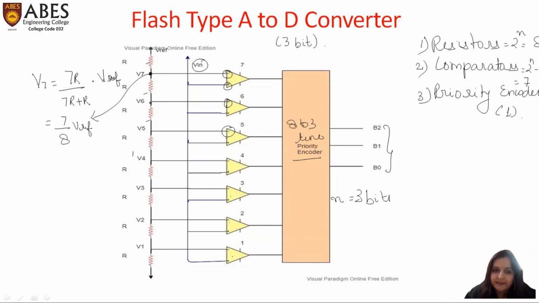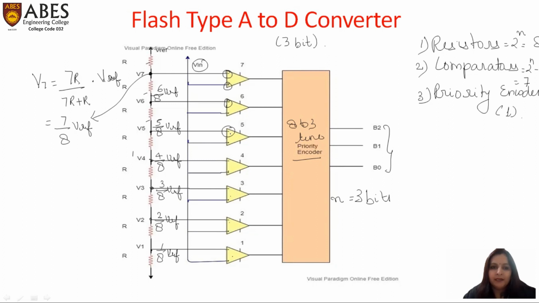Similarly, if you calculate V6, it will be 6 by 8 V reference. This will be 5 by 8 V reference, 4 by 8 V reference, 3 by 8 V reference, 2 by 8 V reference and 1 by 8 V reference.